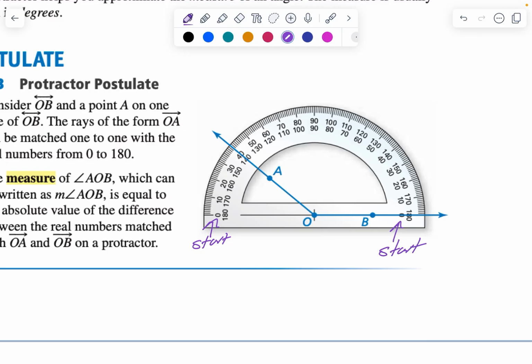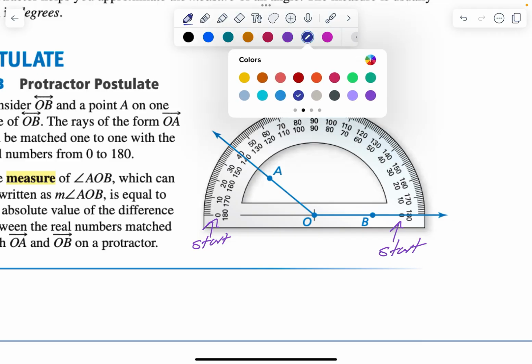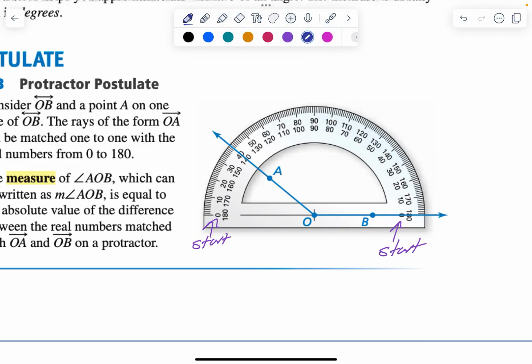Now, we know things about angles. If it's a right angle, that's 90 degrees. And if you have a straight angle, which we're going to talk more about in a minute, that's 180 degrees.